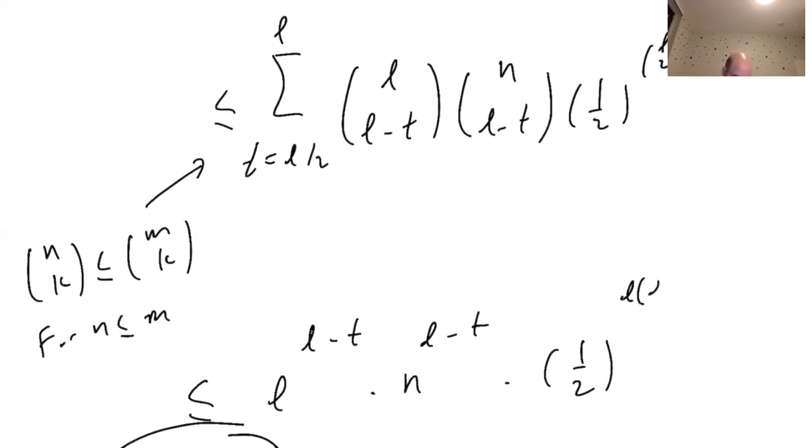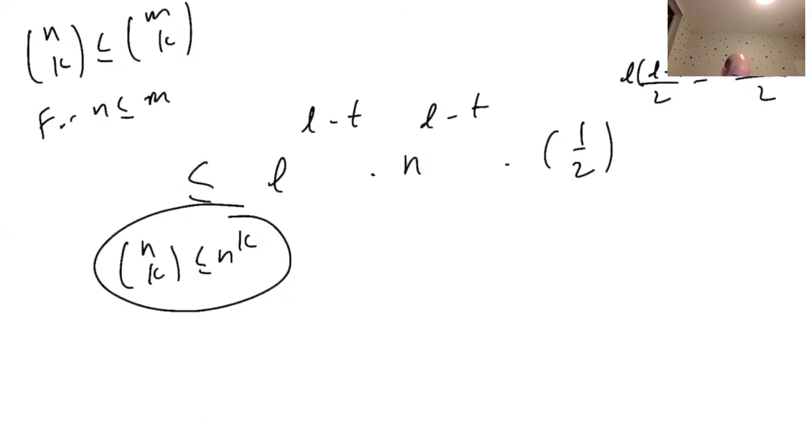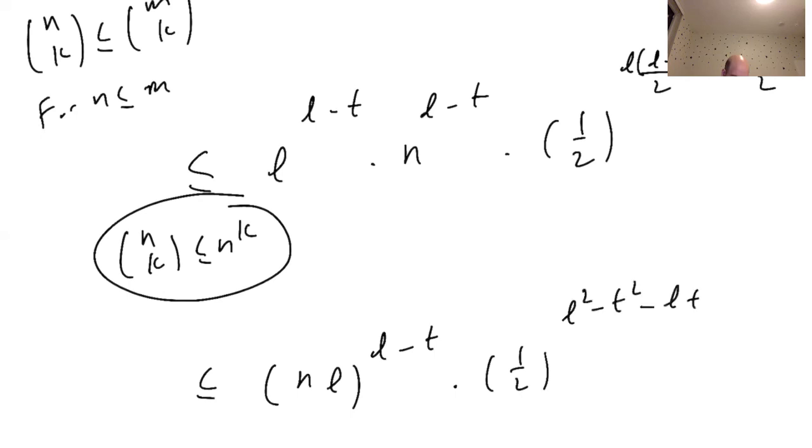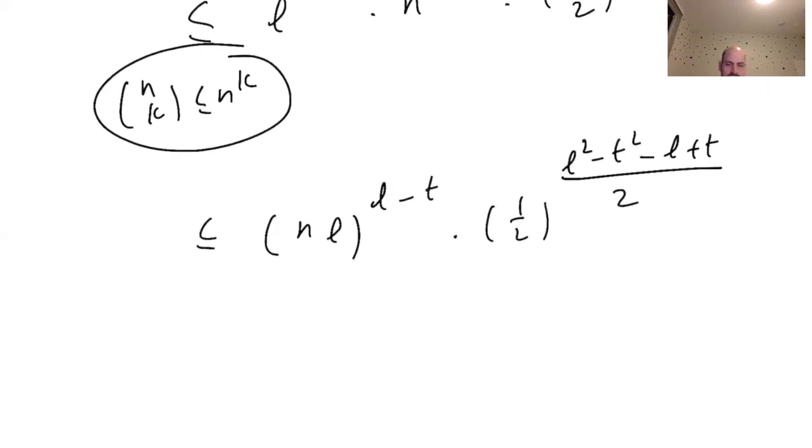So L times L minus 1 over 2 minus T times T minus 1 over 2. So this is less than or equal to nL to the power L minus T, and then times 1/2 to the power L squared minus T squared minus L plus T, the whole thing divided by 2.